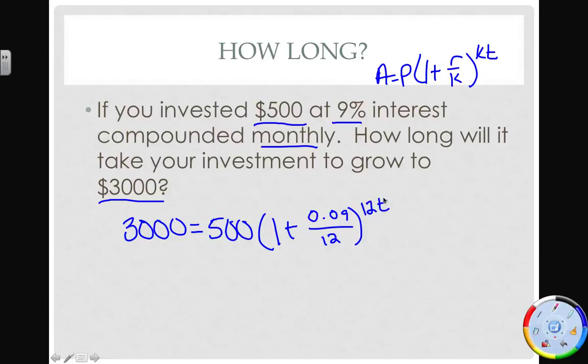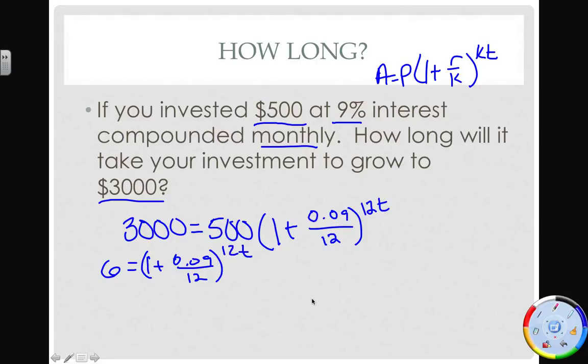Now notice where t is. We're solving for time, so this is an exponential, and we might have to do a logarithm. Okay, so bear with us here as we do this. We're going to divide both sides by 500. 3,000 divided by 500 is 6. And we get 1 plus 0.09 over 12 to the 12t.